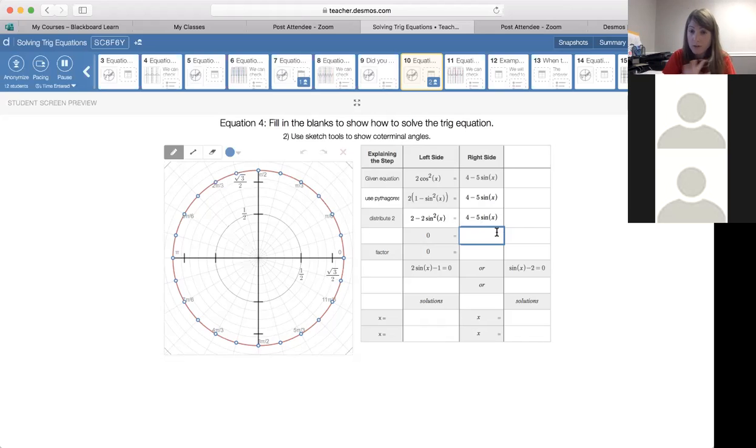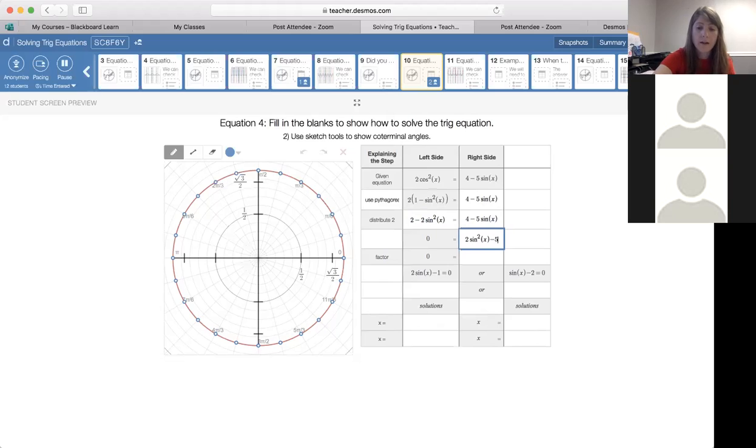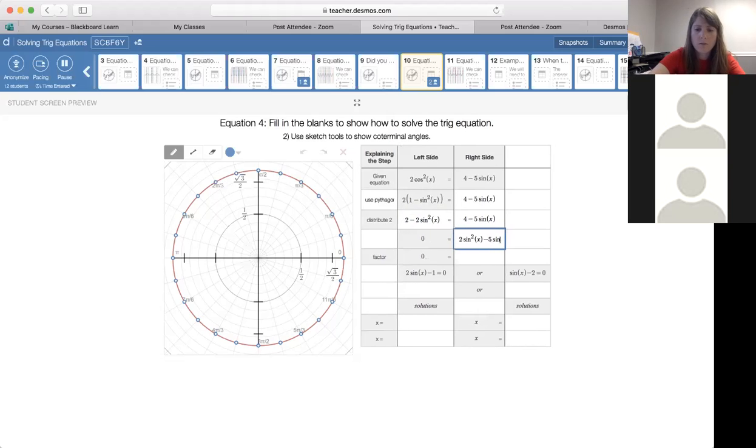So we can do this any way we like. I'm going to think about putting my quadratic terms first. So if I move over, if I add, I'm going to have 2 sine squared x. And then I already have my sine on this side, so I'm going to remember it's negative 5 sine x.